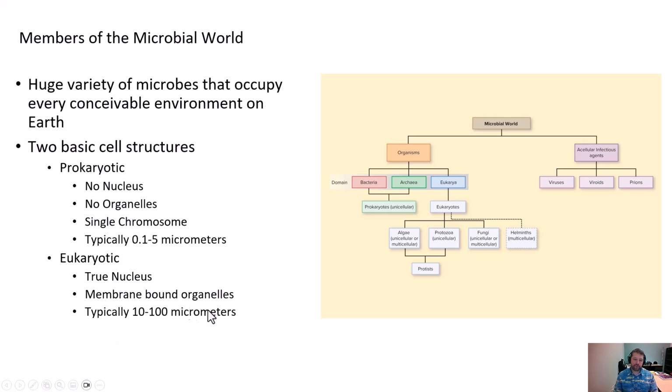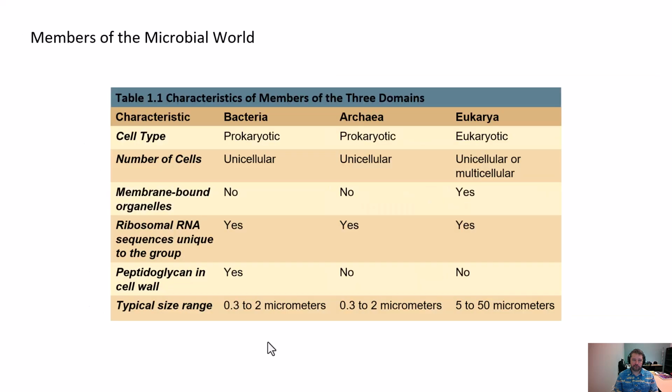Typically, eukaryotes are much larger than prokaryotes. We'll look at a lot more differences and similarities when we look at specific organisms. But we can chart this out. We can look at the three domains. Remember I said the domains are the highest classification.